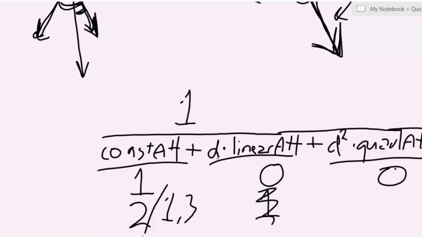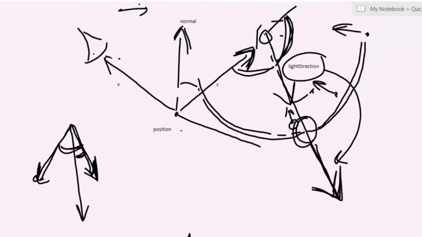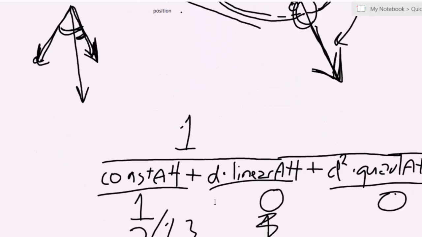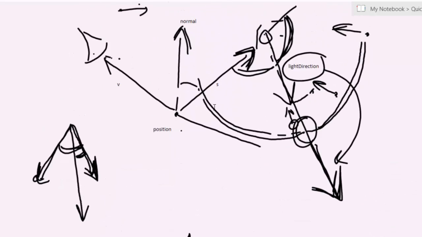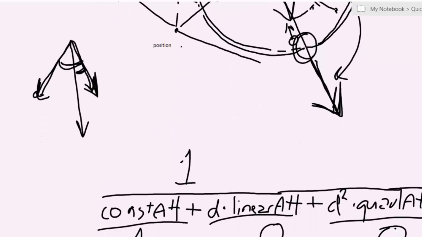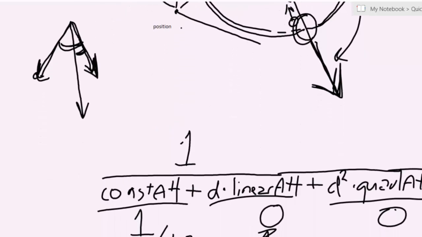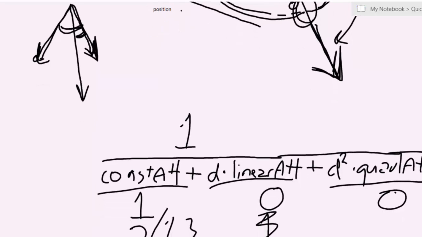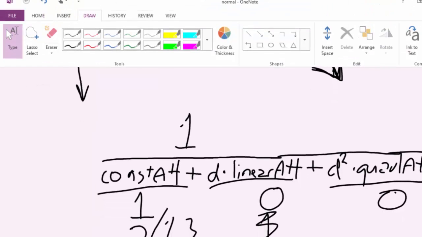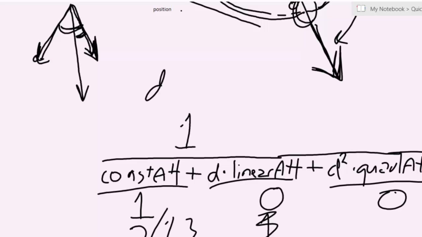And this would simply be a factor here. We'd simply have to say, well, which vector would it be? That would give us the d. So d would simply equal the length of S. So d here equals the length of S, and then we just put this into it, and we add values for the constant attenuation, the linear attenuation, and the quadratic attenuation.